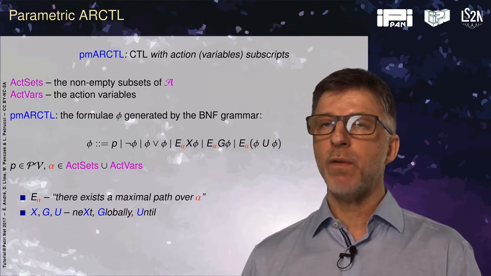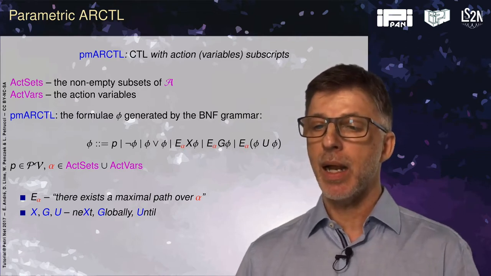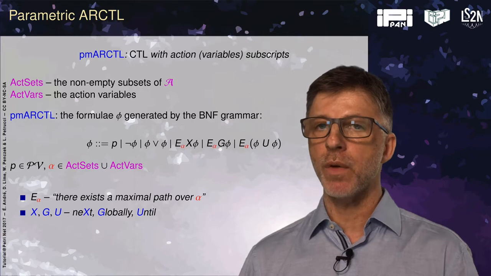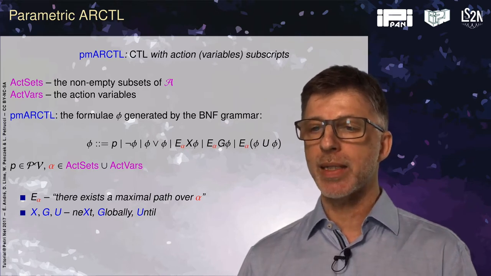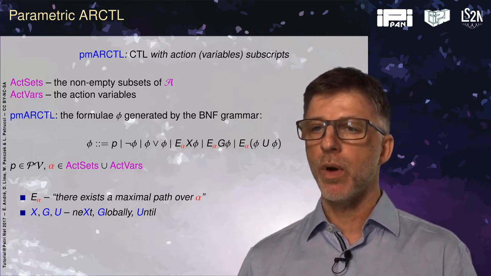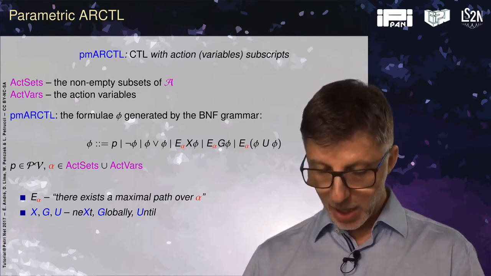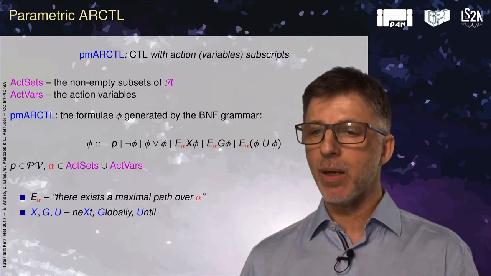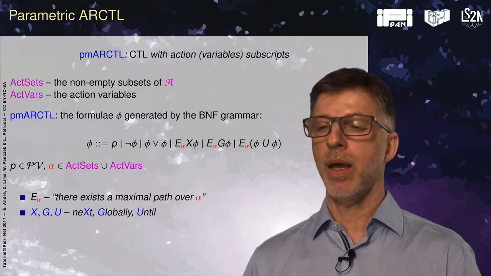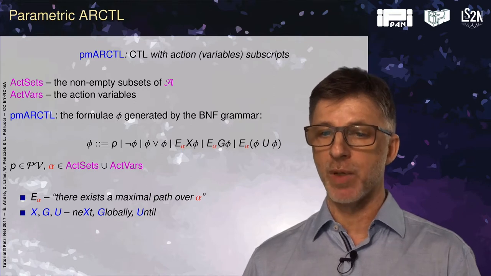If you forget for a while about these red indices, the language you see in front of you is just the language of computation tree logic. However, as I said, we are extending it with two components. The first component is that alpha can be a set of actions, and the other component corresponds to alphas which can be action variables.